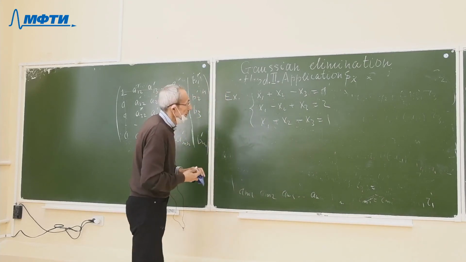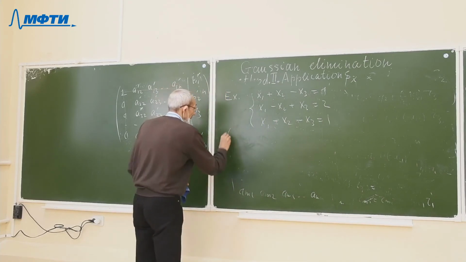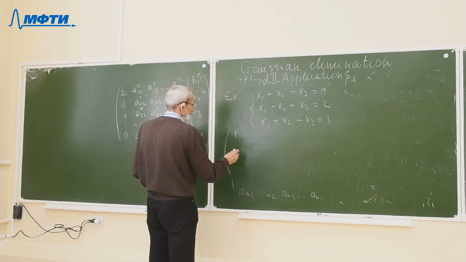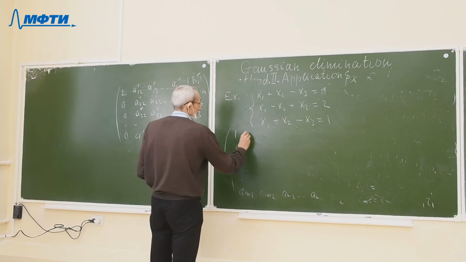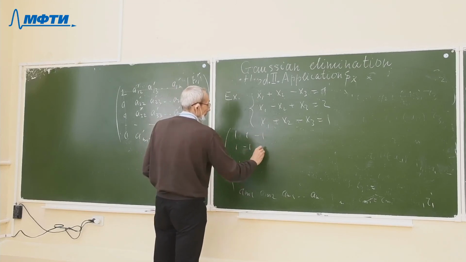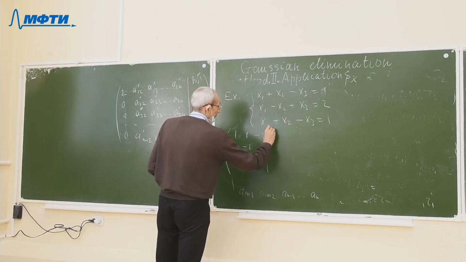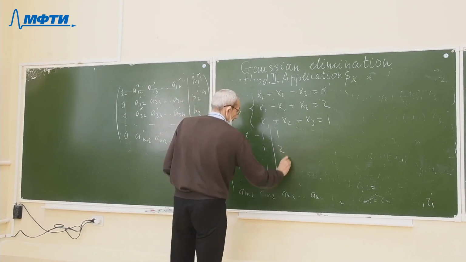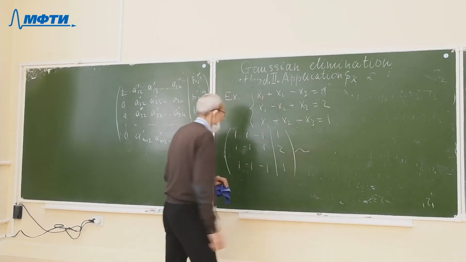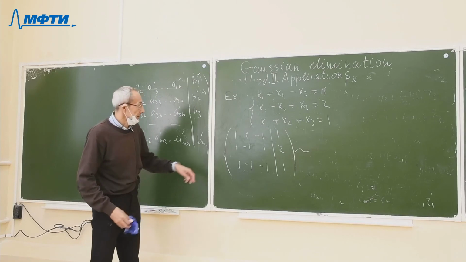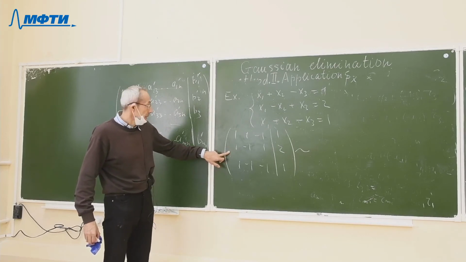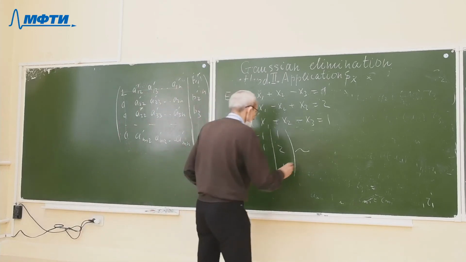First of all, we have such a matrix. The augmented matrix has the following form. The first operation, our goal is to put zeros on these places.